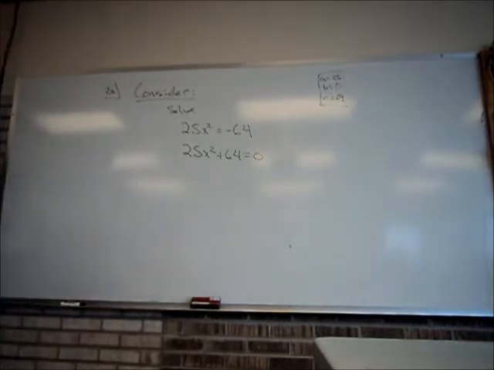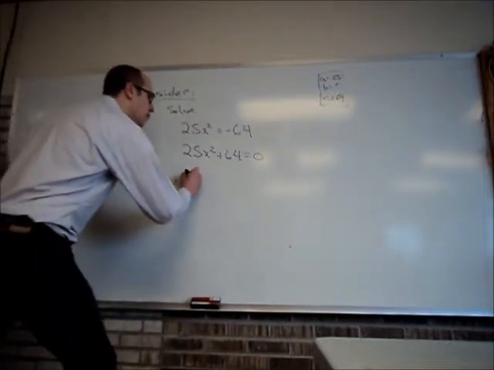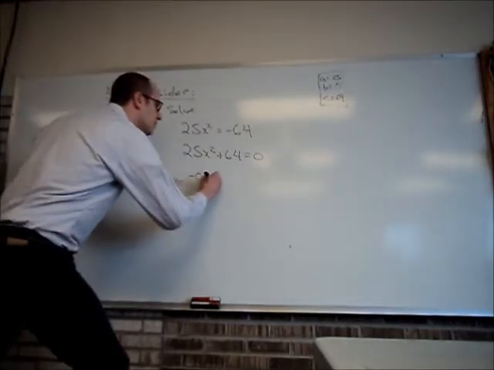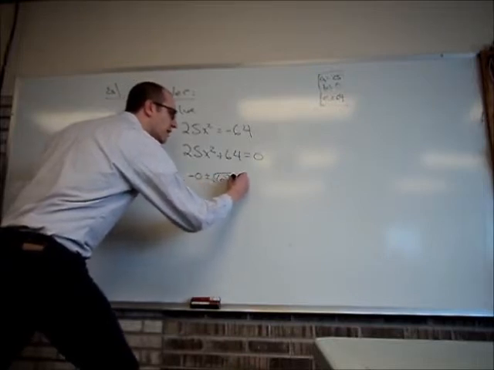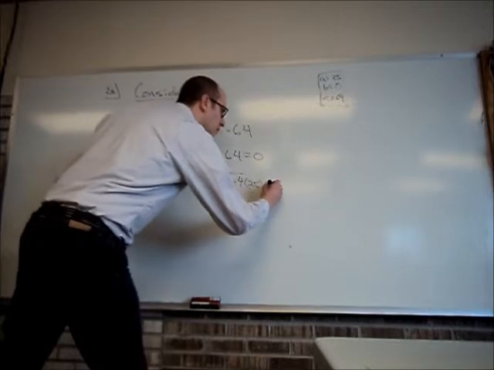Now we're ready to use our formula here. So here we go. The x value we want is minus b plus or minus the square root of b squared minus 4 times a times c.